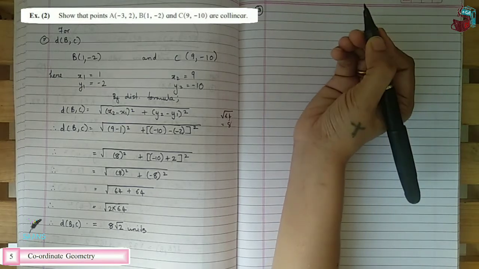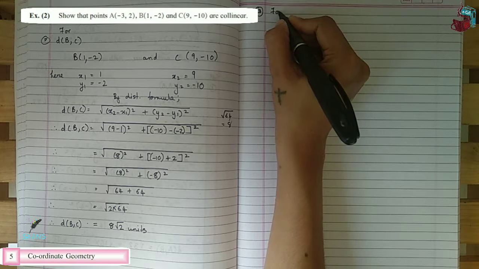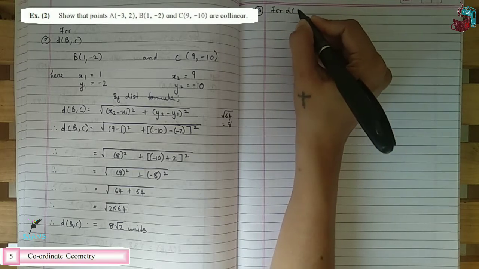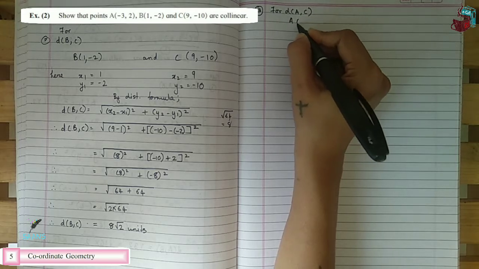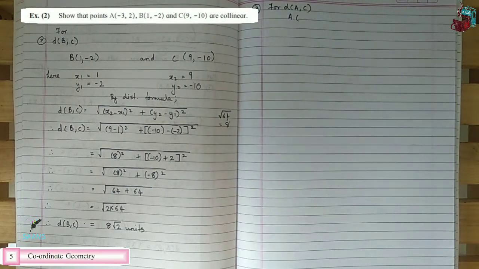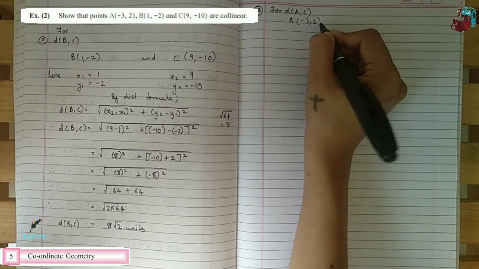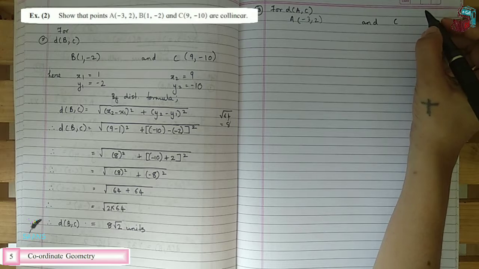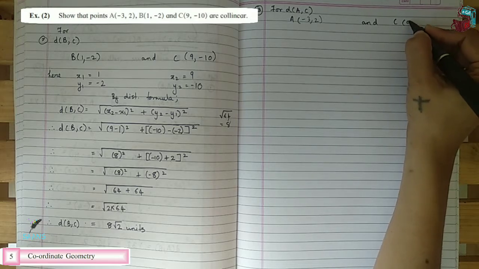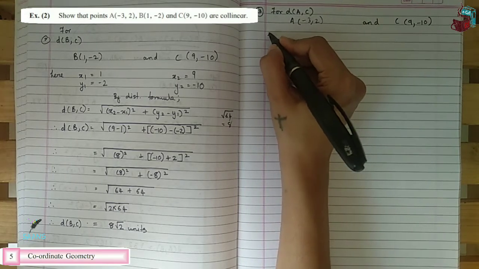Okay, third step for this particular sum. Now for distance AC, final one. A is given as, what is A? A represents minus 3 comma 2 and C represents 9 comma minus 10. So when you do these sums, space it out, it looks neat.